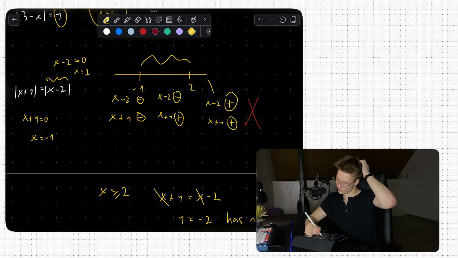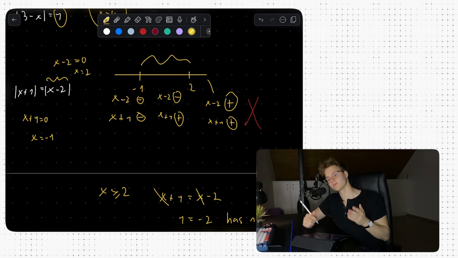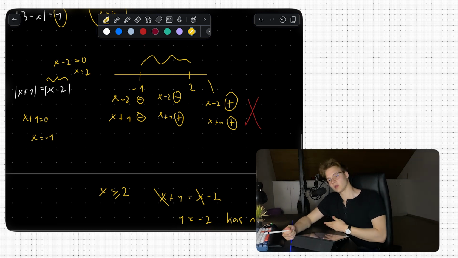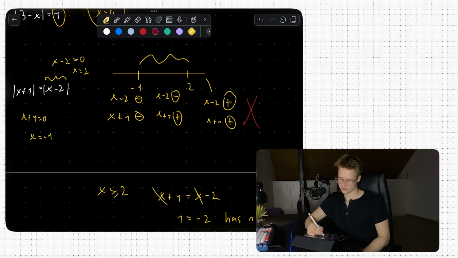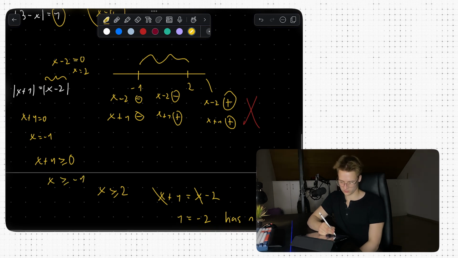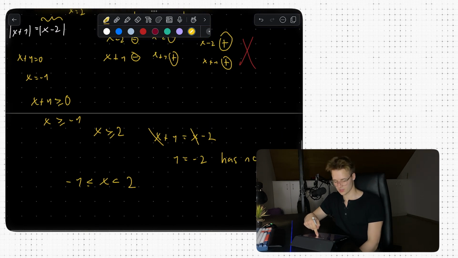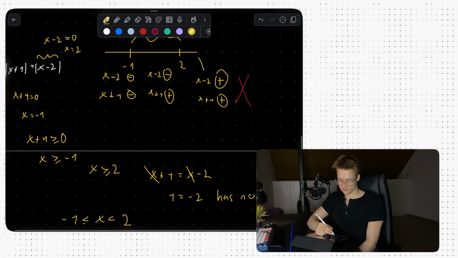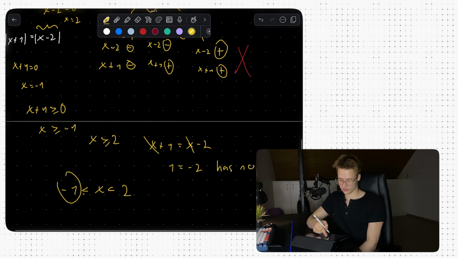Okay, so when you go from the right to the left side, basically when we're solving this part, x plus 1 is greater than or equal to 0, x is greater than or equal to minus 1. So x in our case is going to be greater than minus 1.